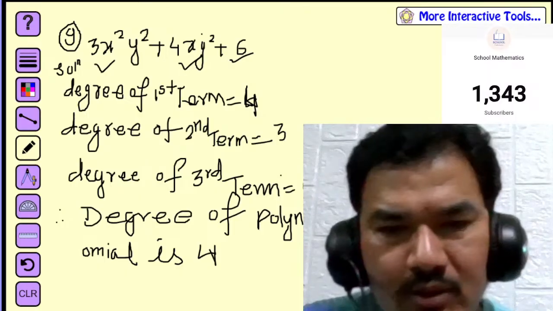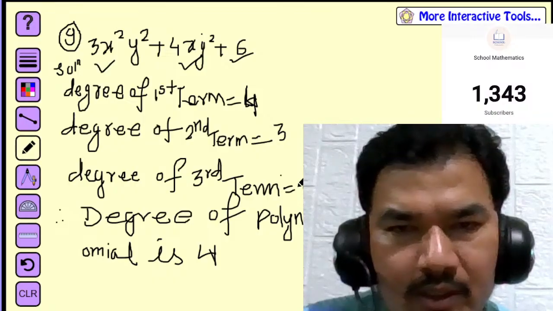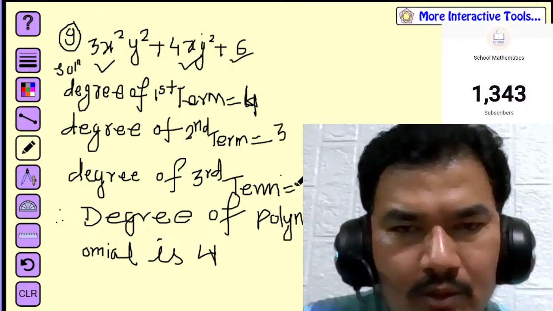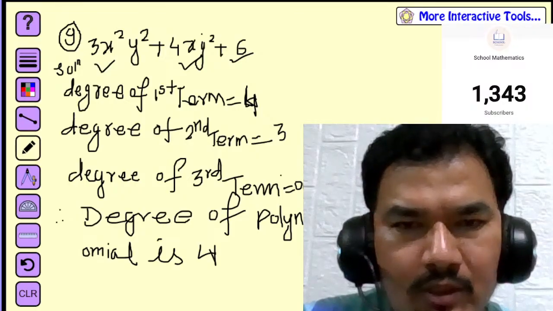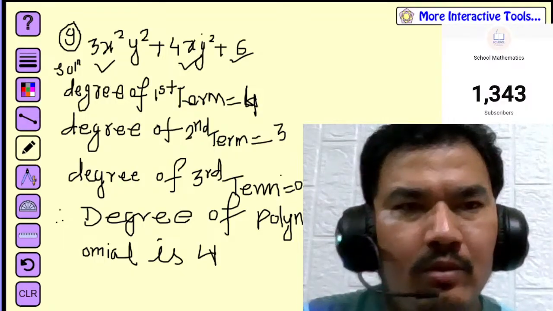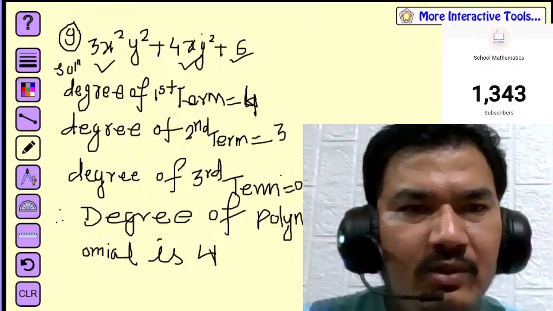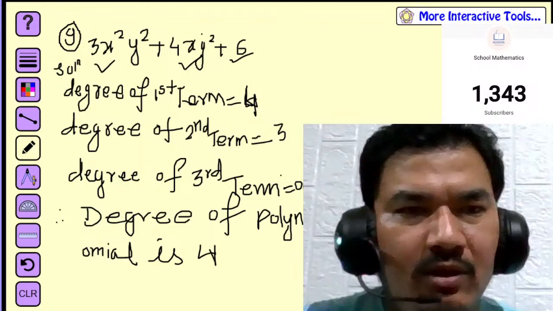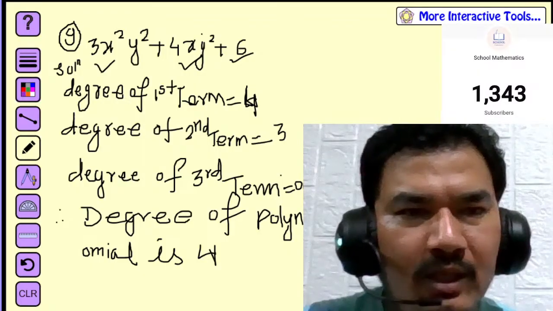Degree of third term equals 0. Degree of first term is 4, degree of second term is 3, and degree of this last term is 0. That's why among them, which one is the highest? The highest one is 4. That's why the degree of the polynomial is 4.